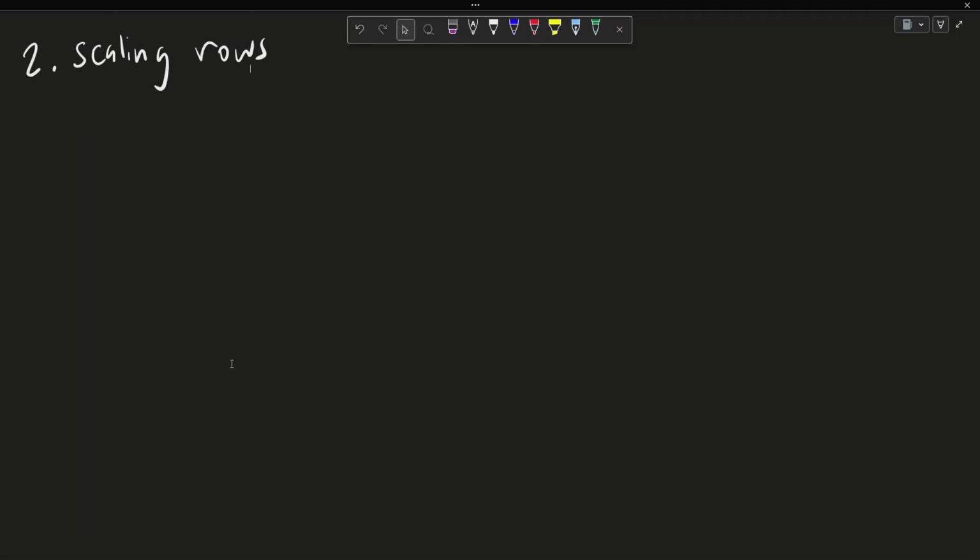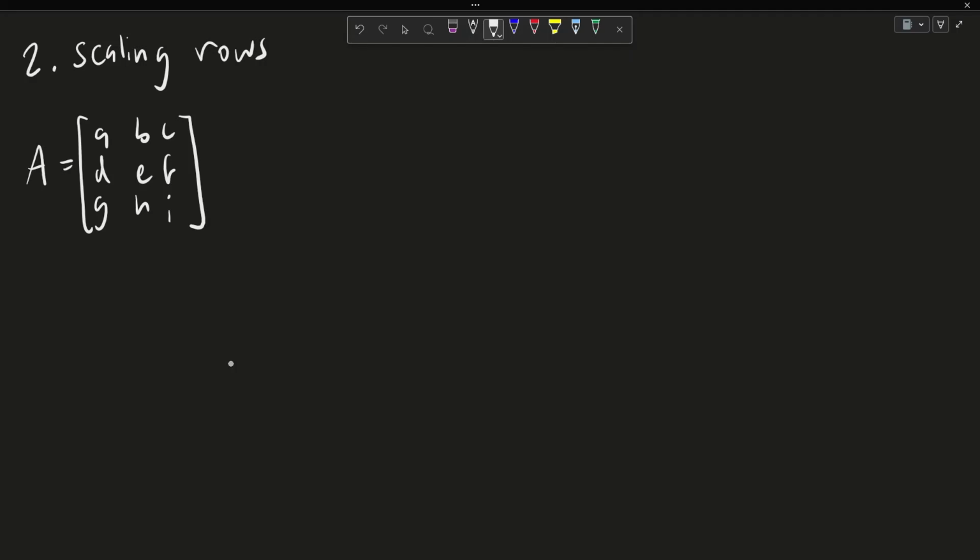So now that we have a bit more intuitive of an understanding of the role the identity matrix plays, I'd like for you to pause and assume what would happen if I asked you to take this matrix A and try and find the elementary matrix that would scale the second row by 3.